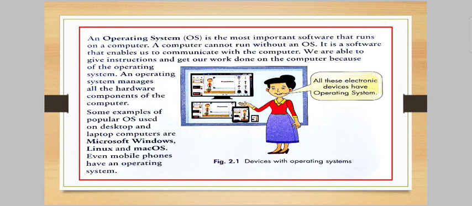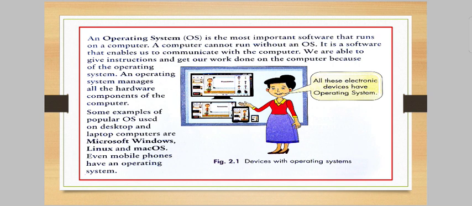An operating system manages all hardware components of the computer. And here you can see some examples of popular operating systems are Microsoft Windows, Linux and Mac OS, and even mobile phones have an operating system which is Android. So mainly the operating system is software. It helps us to communicate with the computer.